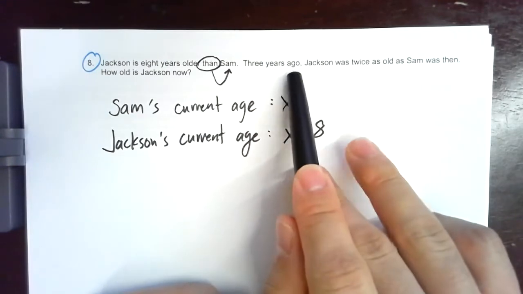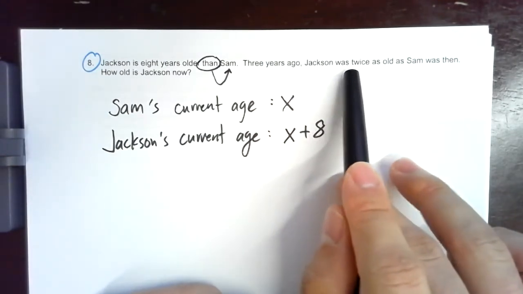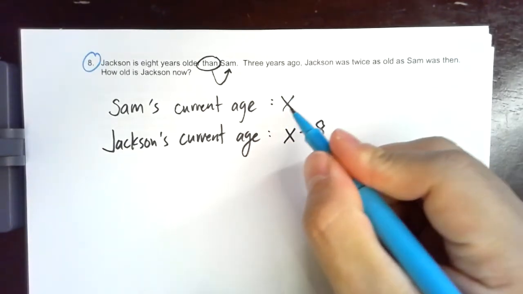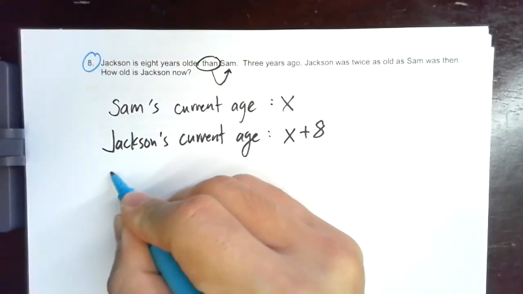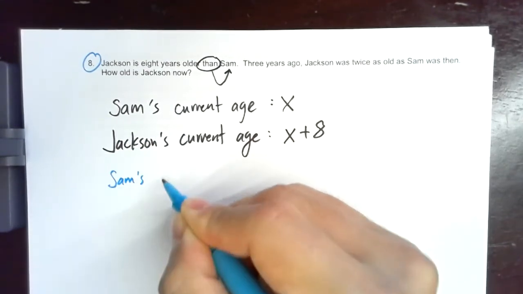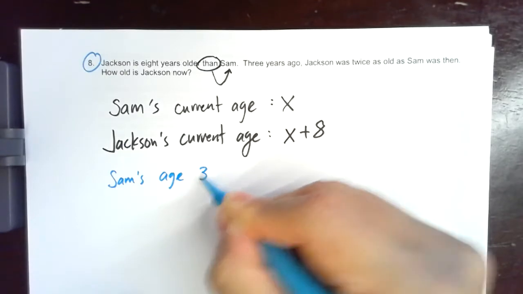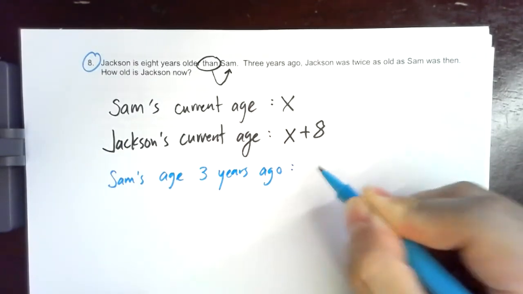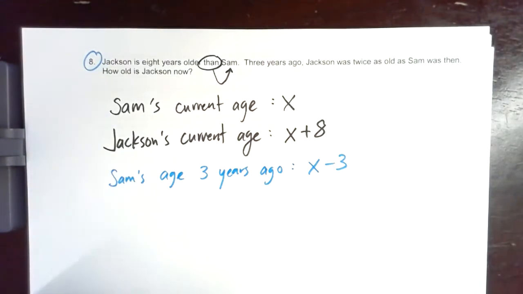Now, 3 years ago, Jackson was twice as old as Sam was then. So maybe this goes without saying, but do we realize that 3 years ago, Sam's age was a simple X minus 3, right?